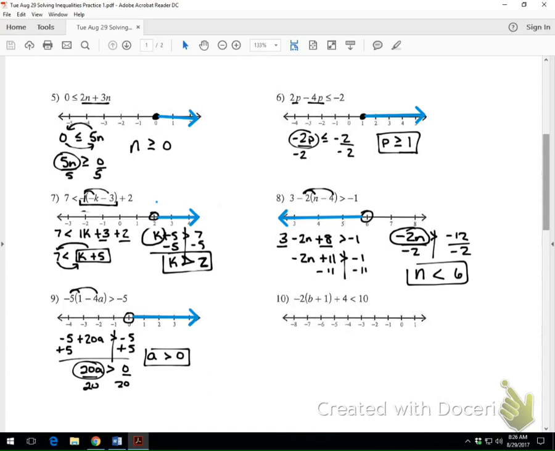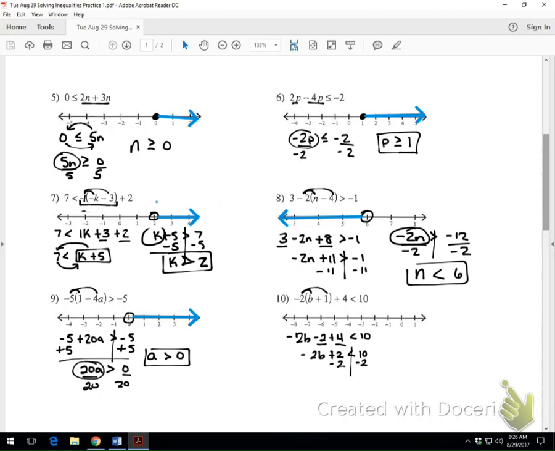And last one I'll do with you, and then I'll explain the back. Okay, you draw your claw. So negative 2b. Negative 2 times 1 is negative 2 plus 4, so less than 10. I'm going to combine the negative 2 plus 4, right? So I get negative 2b plus 2, so less than 10. Now what?